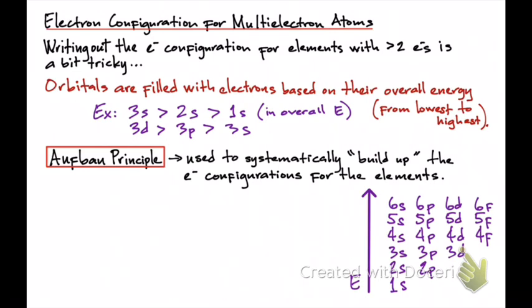So if you remember from the second part of chapter 4, that each energy level can contain a maximum number of sublevels. So if you have energy level 1, you have one sublevel. If you have energy level 2, you have two sublevels. So the energy level basically matches the number of sublevels.